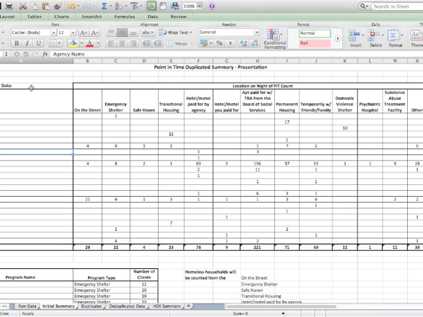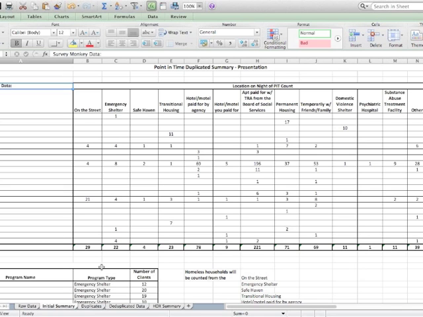The first has the title SurveyMonkey data, and this data table represents the total number of SurveyMonkey responses that were collected by the location where the individual, or household, stayed on the night of the count. This does also include duplicates, so there are potential duplicate records on this tab as well.